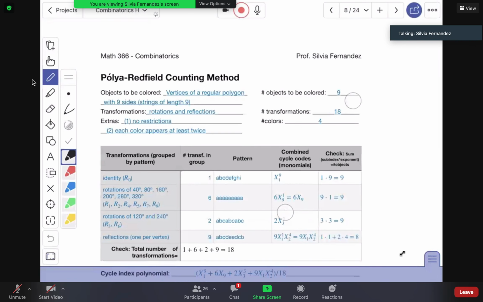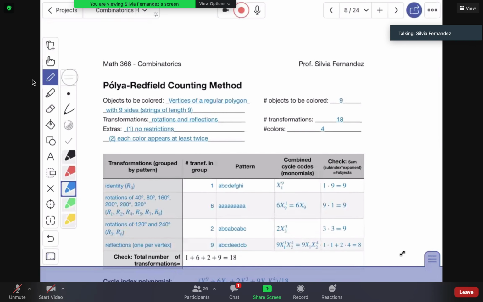So this is a sample that I sent. I will say here, this is for strings of any length, or beads problems.